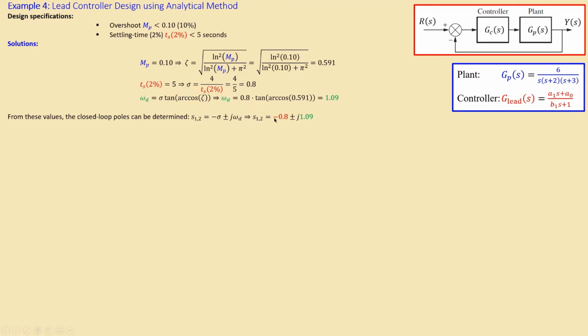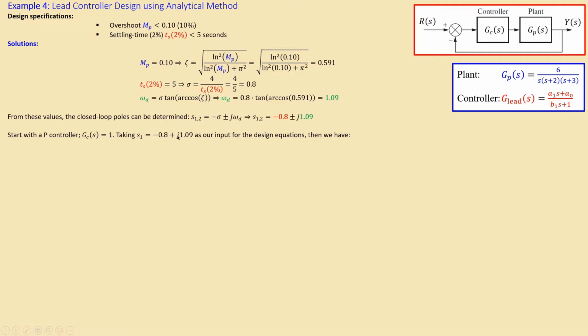So that is the expression: minus 0.8 plus or minus j 1.09. Before we start, we make the controller a P controller, set the value even simpler at 1, and then take one of these poles as our design point. Most of the time I will take this S1, which has a positive sign for the imaginary part, shown here.